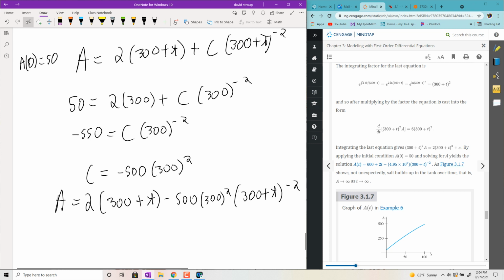So yeah, it's basically 500 times not 90,000. So that'd be like, let me just make sure. So 500 times 300 squared is 45. They got 4.95 somehow.